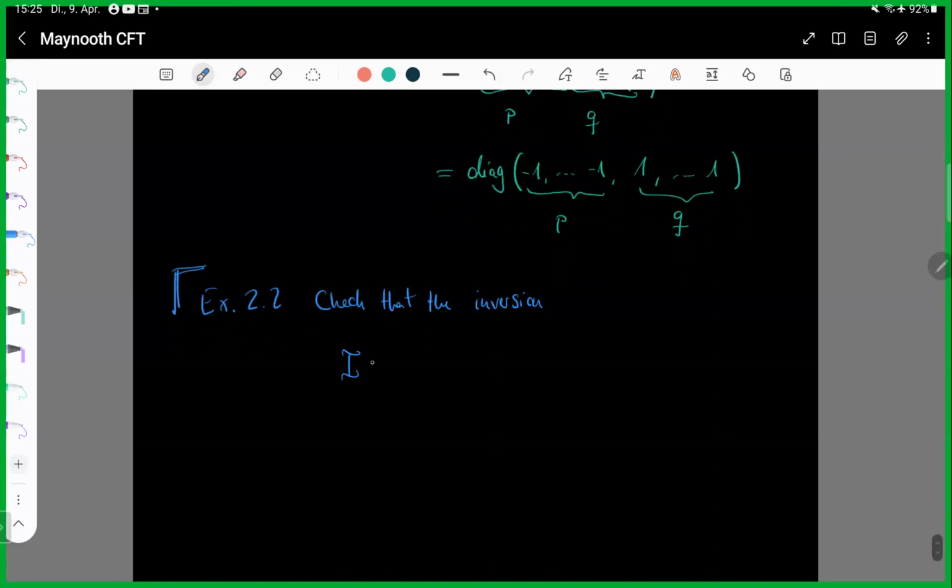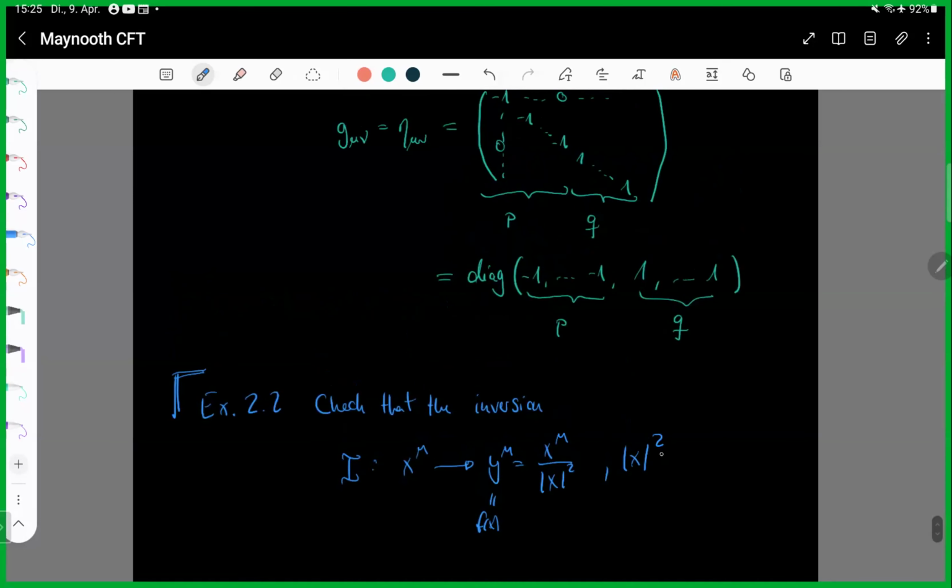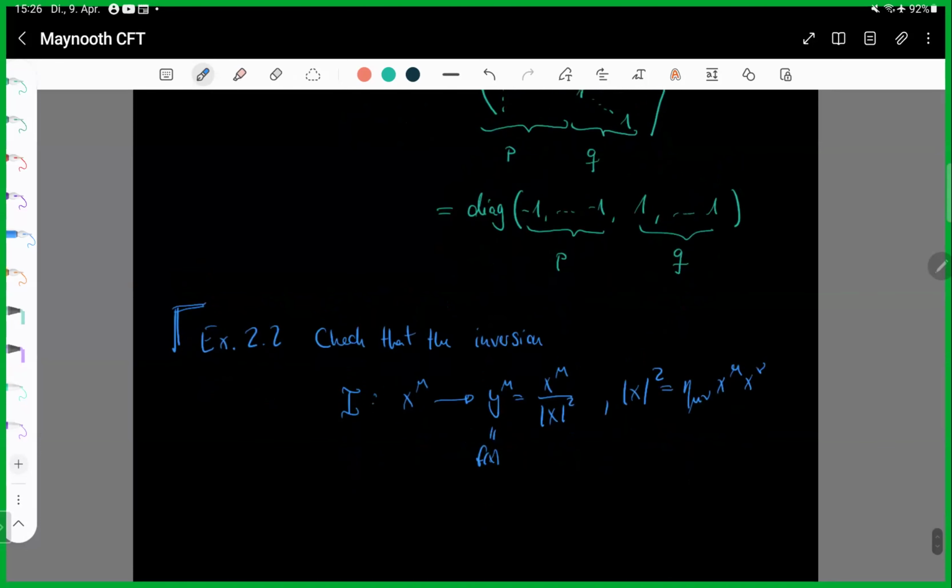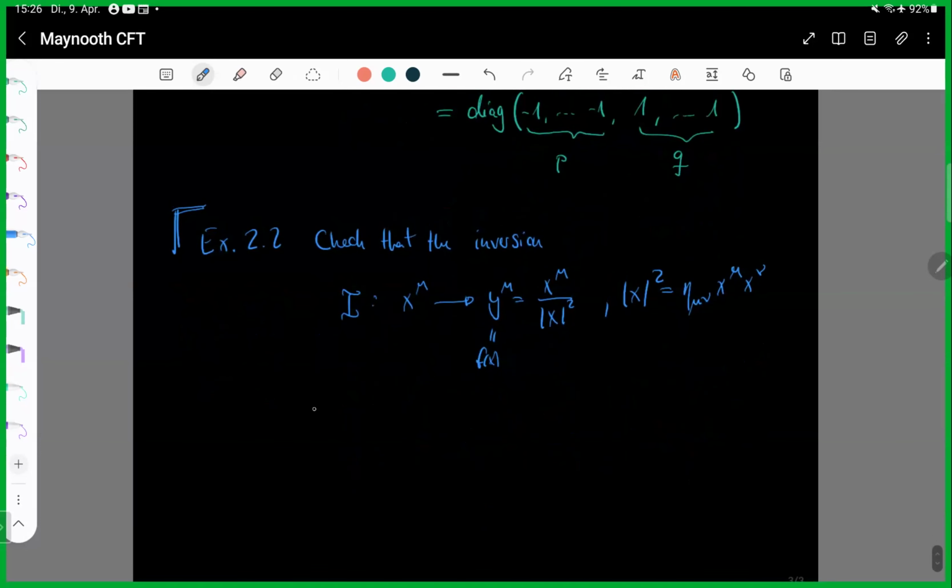I'm going to write curly I, and it takes x to y mu, which is now basically f of x, and this is x mu over x squared, where x squared is eta mu nu x mu x nu. So check that the inversion is conformal.